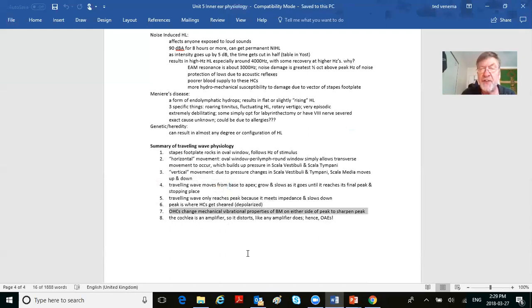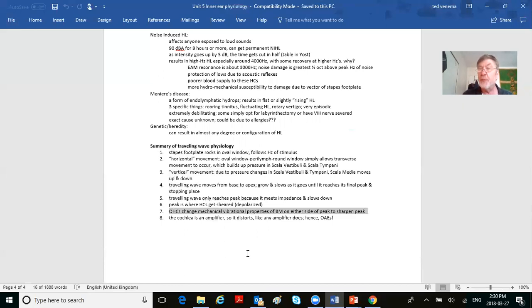The cochlea is an amplifier, especially the outer hair cells, and it distorts like every other amplifier does. And what do you get? Otoacoustic emissions. Hearing aids are also amplifiers, and they distort. And next year, you'll be learning about ANSI testing, American National Standards Institute testing on hearing aids.